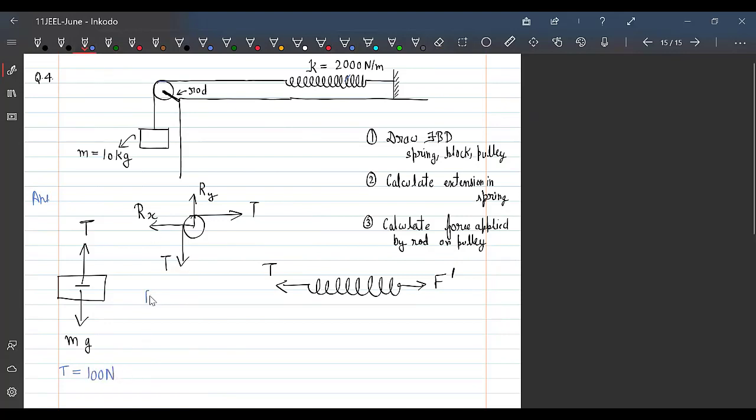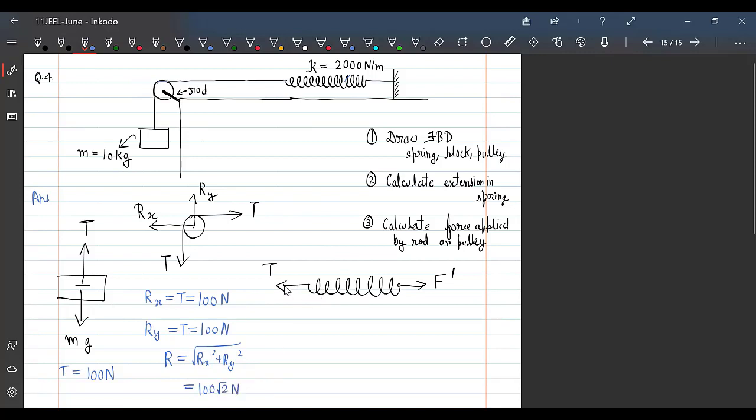So here Rx will be equal to T, that will be equal to 100 Newton, and Ry will be equal to T, that will be equal to 100 Newton. अच्छा, Rx and Ry perpendicular है, and they are the forces applied by rod on the pulley. So net reaction force या rod का force will be root over Rx square plus Ry square. That will be 100 root 2 Newton.